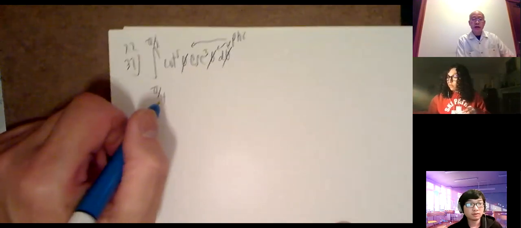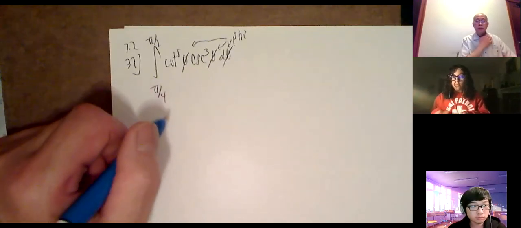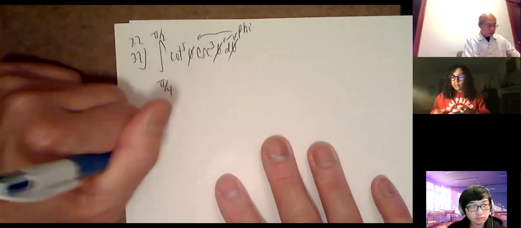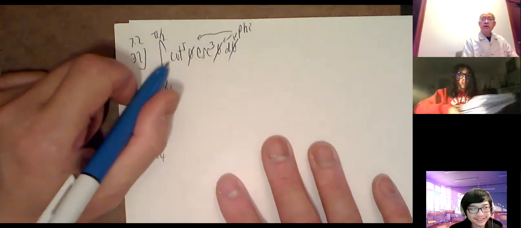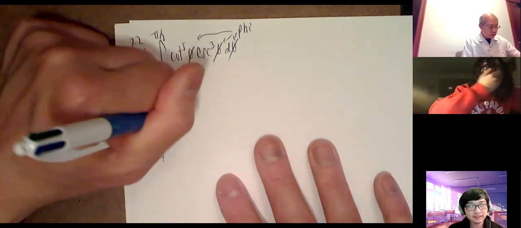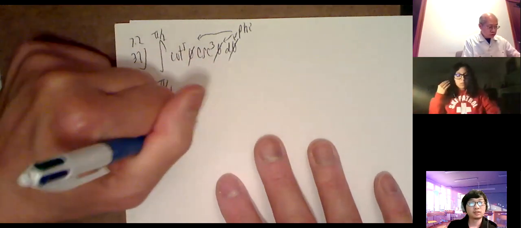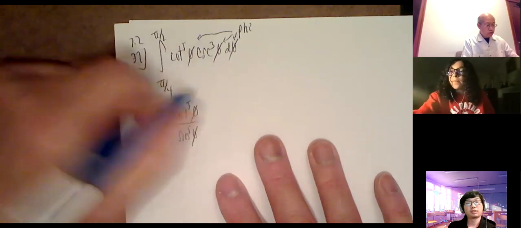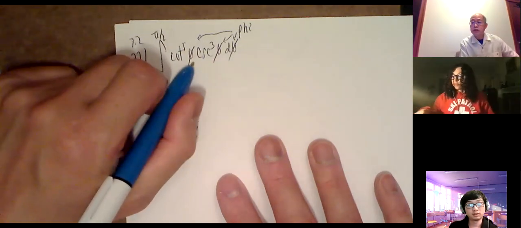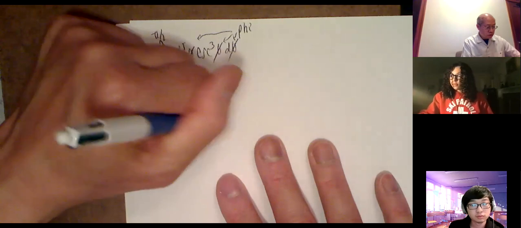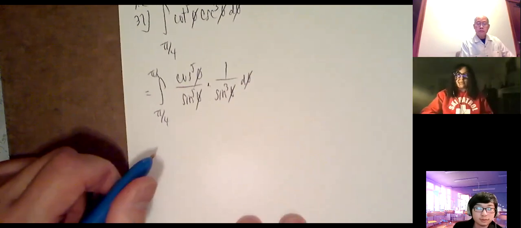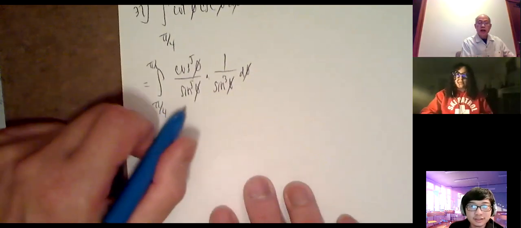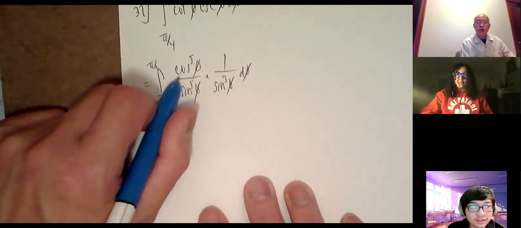I would change this to sines and cosines. So cotangent is cosine over sine. Cosecant is the reciprocal of the sine. So I've got sine to the 8th of phi, cosine to the 5th.